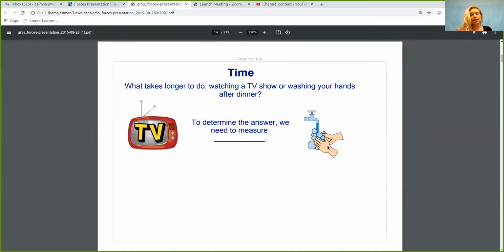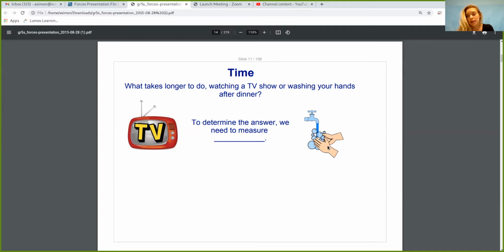So when we think about time, we think of how long it takes to do something. For example, what takes longer to do? Watching a TV show or washing your hands after dinner? Obviously, that's an easy one. Watching a whole TV show is going to take longer than washing your hands after dinner. So, to determine the answer, we need to measure something that we call time.